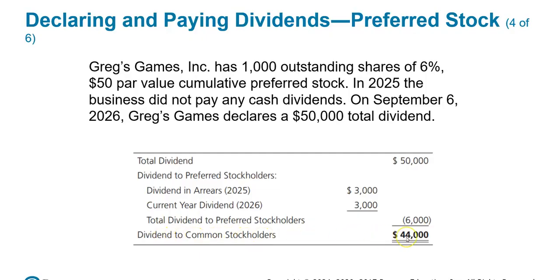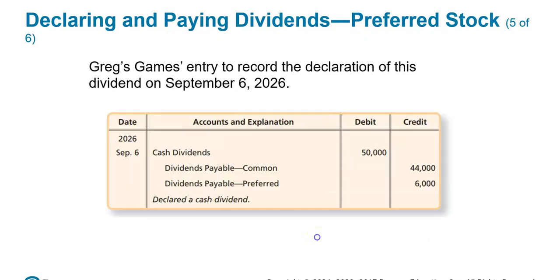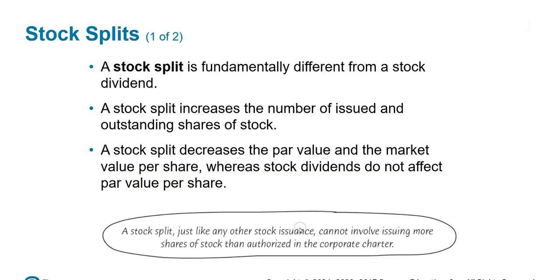So dividend declared minus preferred dividends equals dividends available to common stockholders. So here's the cash dividend, $50,000. Dividends payable preferred, $6,000, and the rest goes to the common stockholders to be divided up amongst those shareholders.